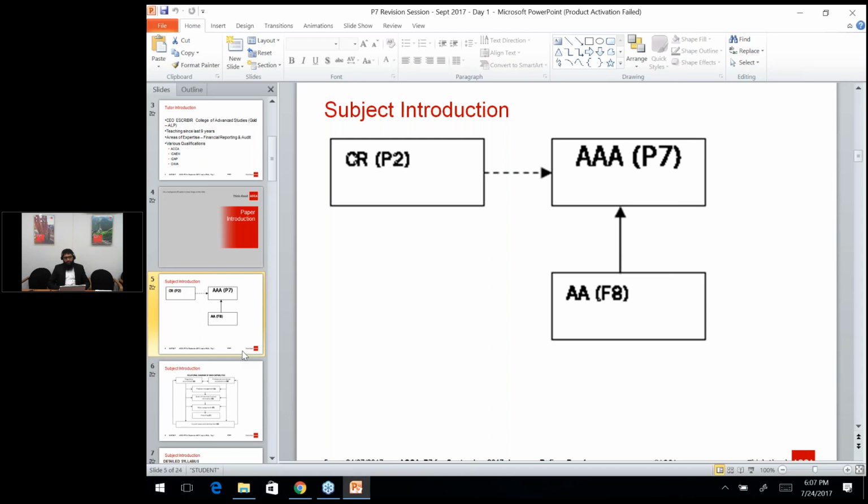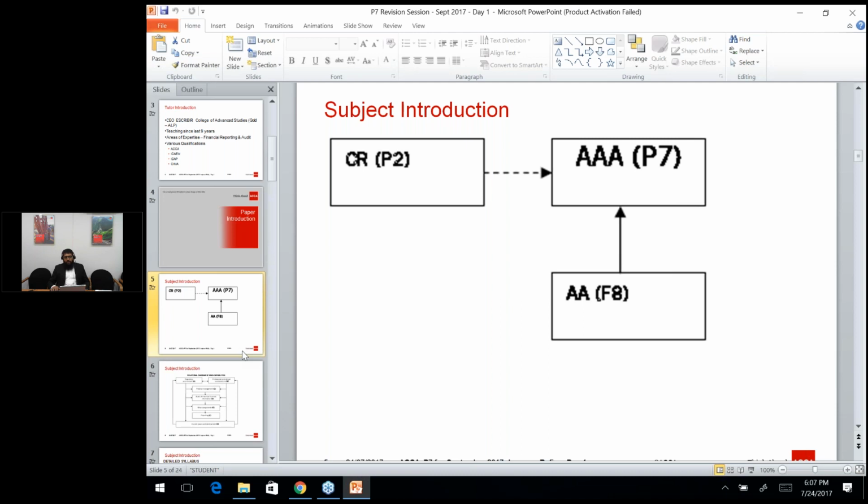That's why ACCA has given a connection between paper P2 and paper P7: P7 builds upon the basics we discussed at F8 level, and the knowledge of paper P2 complements this paper P7. If you have to attempt P7, you need to know the accounting. Without accounting, you can't actually perform the audit.